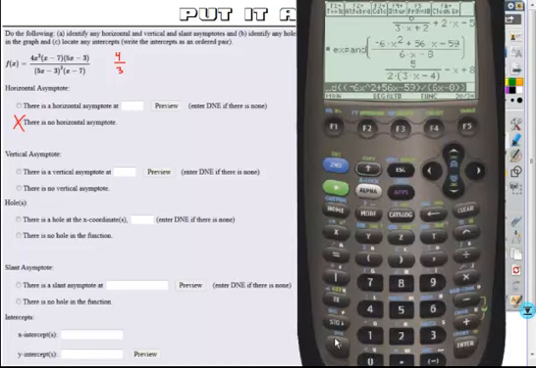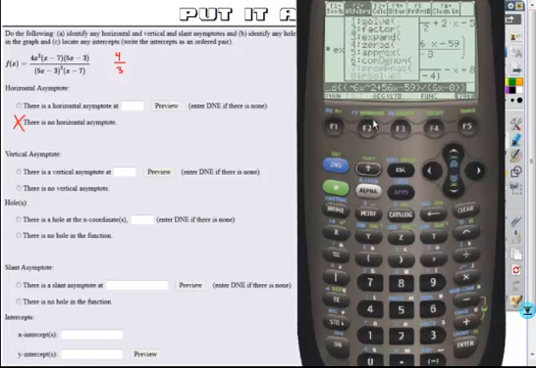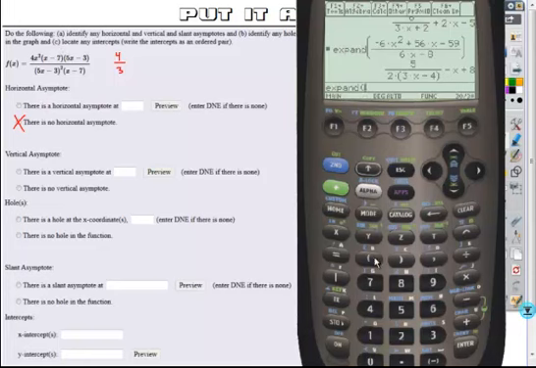So to find our slant asymptote, we're going to use expand, F2 Algebra tab, option 3. We're going to take our whole numerator. So here I'm going to type 4x squared times x minus 7 times 5x minus 3. So there's my numerator.